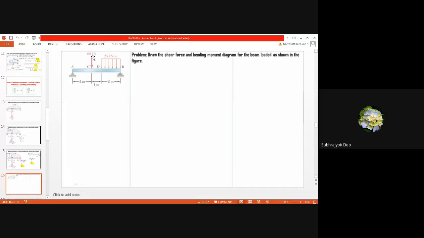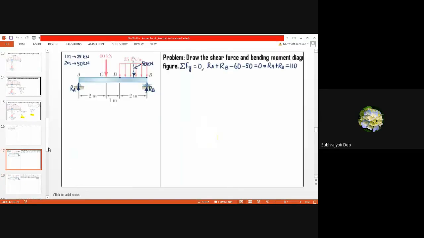From point D to B, a UDL, uniformly distributed load of 25 kilonewton per meter, is acting over 2 meters, and C to D is 1 meter. So we have two forces: a point load of 60 kilonewton and a uniformly distributed load of 25 kilonewton per meter on a simply supported beam. Let us see how to solve this.